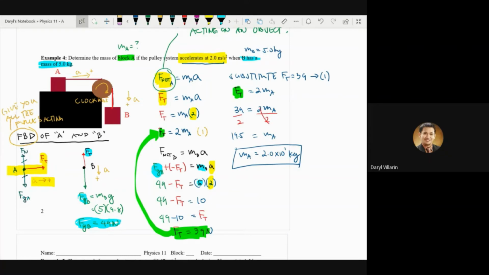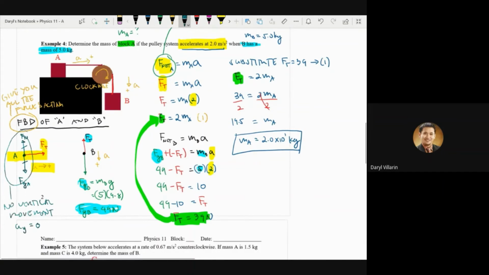Just like in the previous example, you don't have any vertical movement, so that means that AY in this case is 0. So the acceleration, the 2 meters per second there, is only for the horizontal part. You don't have any vertical part. Okay, any other questions?